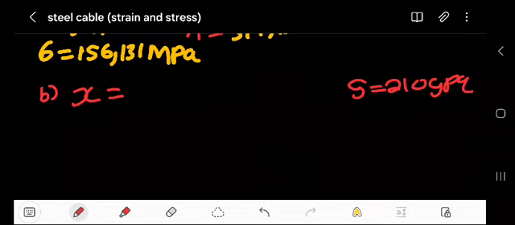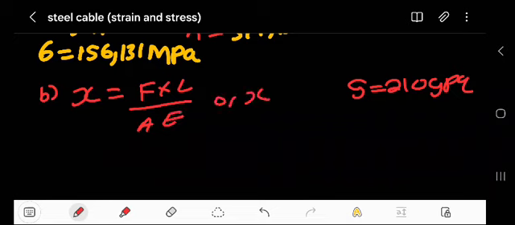So we know this. You can use this one, force over area multiplied by length over E, or you can use the stress, remember you've calculated the stress, isn't it?